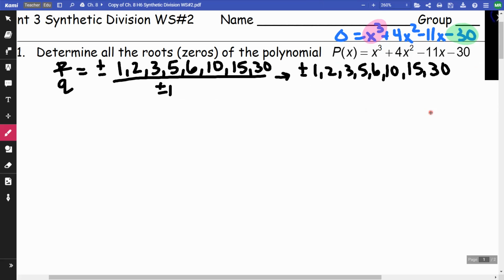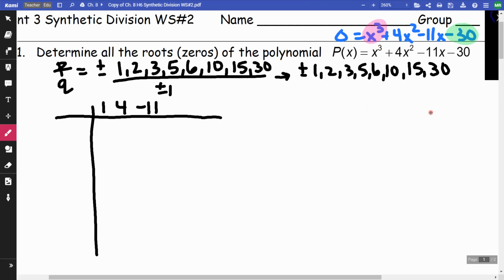Now I'm going to do it in a column form, because I might not get it on the first try. So I'm making a table like this. I've got a 1, 4, negative 11, and a negative 30. The one thing I want to pay attention to is my constant here at the end.